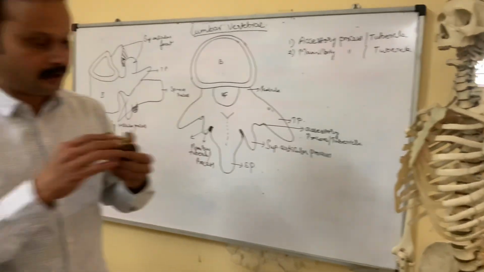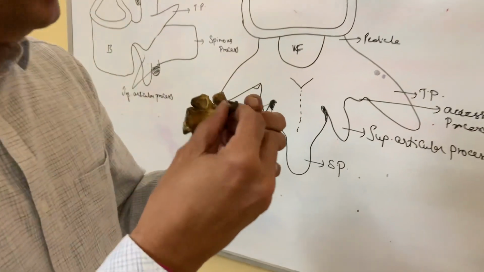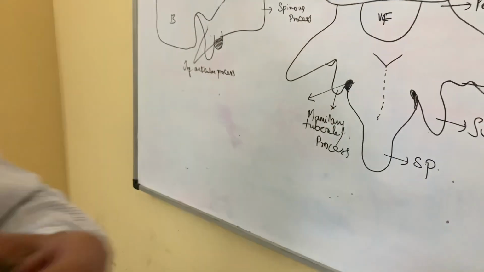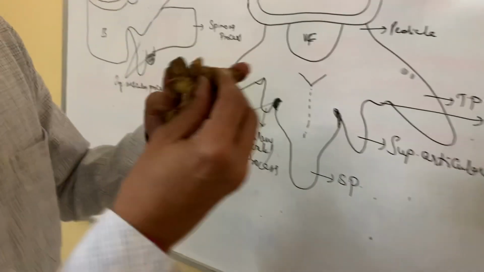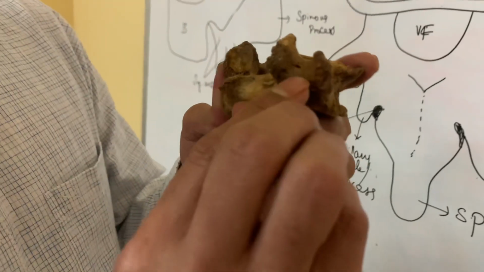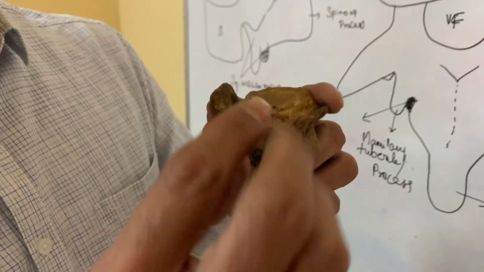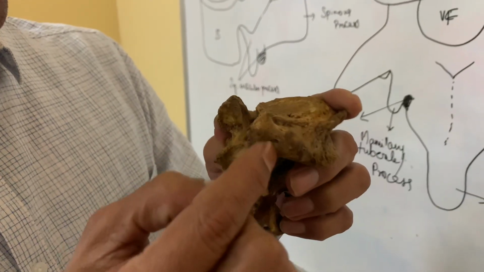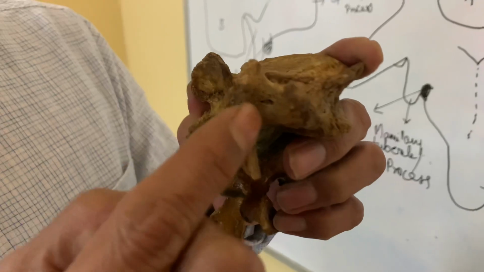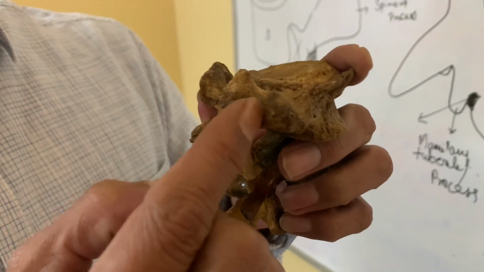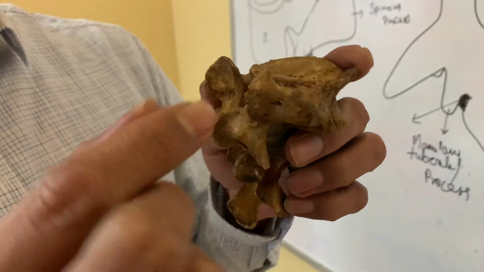If you see here, you can see a small roughened elevation at the root of the transverse process. This is the transverse process. At the beginning of the transverse process, you can see a small elevation here. That is called the accessory process.